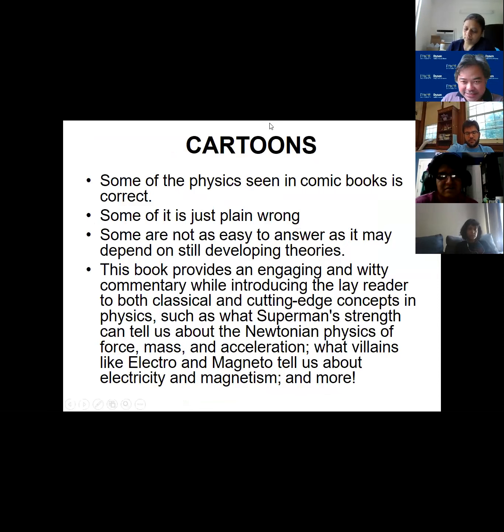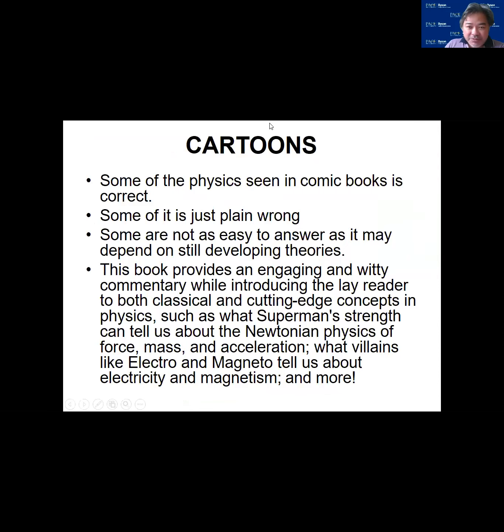And it discusses there that some of the physics seen in comic books is correct. Some of it is just plain wrong. Some are not as easy to answer as they may depend on still-developing theories. But the book provides an engaging and witty commentary while introducing the ordinary reader to both classical and cutting-edge concepts of physics, such as what Superman's strength can tell us about the Newtonian physics of force, mass, and acceleration.